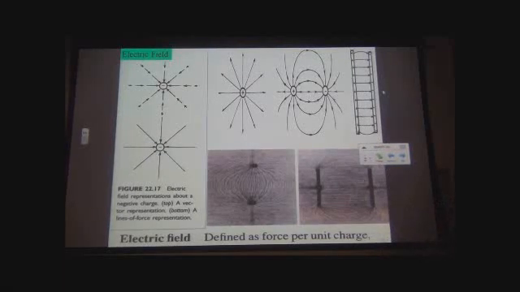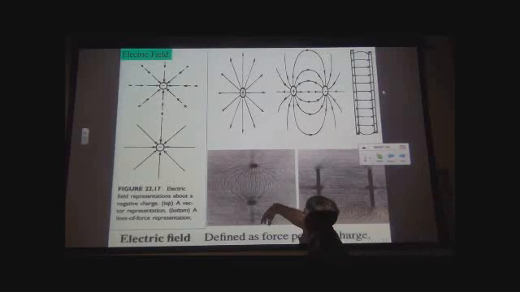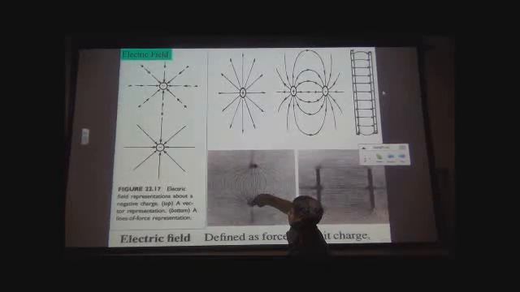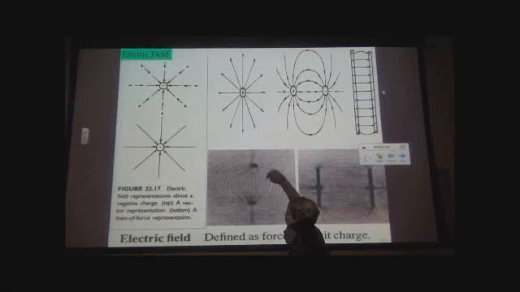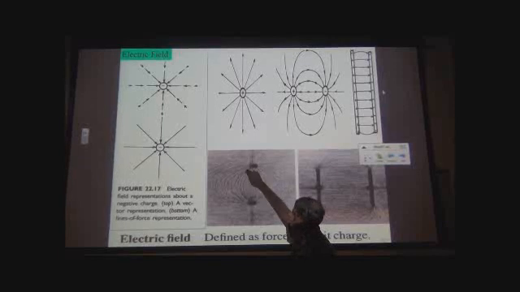You've probably done this in high school or in elementary school, where you take a sheet of paper, you place a charge or a magnet on one end and a magnet or charge at the other end, sprinkle iron filings, and you end up with a distribution that looks like this. The iron filings line up along these field lines.